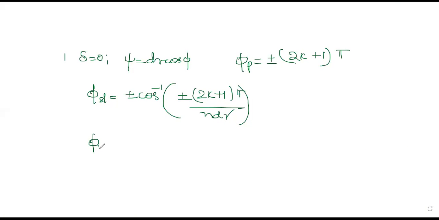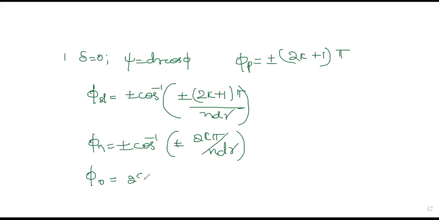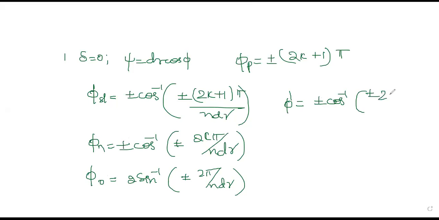Similarly, null direction is equal to plus or minus cos inverse of plus or minus 2k pi by NdR. And you have phi naught, which is equal to 2 sine inverse of plus or minus 2 pi by NdR. And the first null direction, what you got, that is phi dash is equal to plus or minus cos inverse of plus or minus 2 pi by NdR.